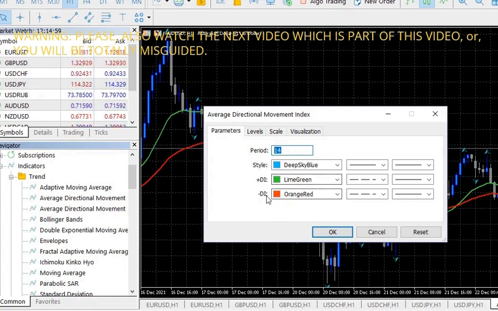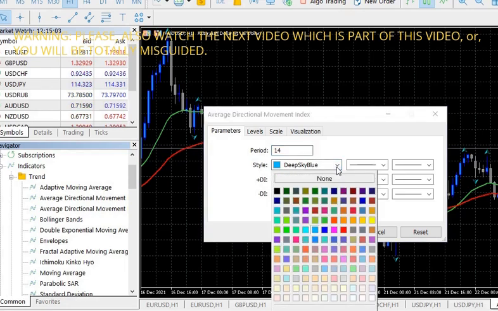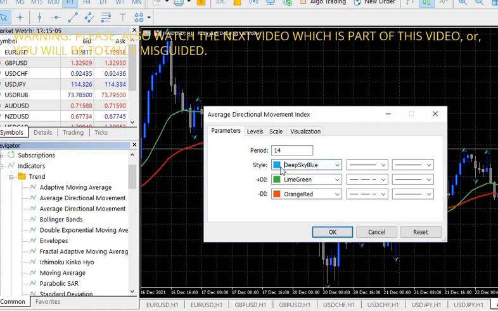For your convenience, always try to use these colors: blue for the trend, green for the bullish market, and red for the bearish market. I hope this is good for you.